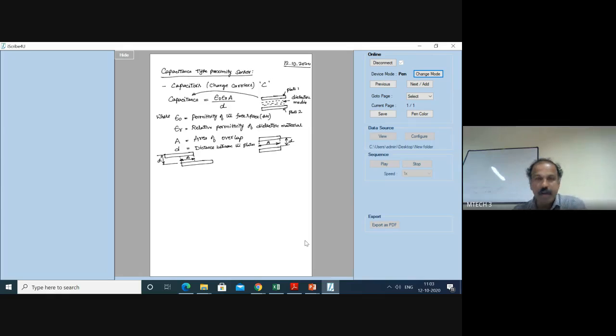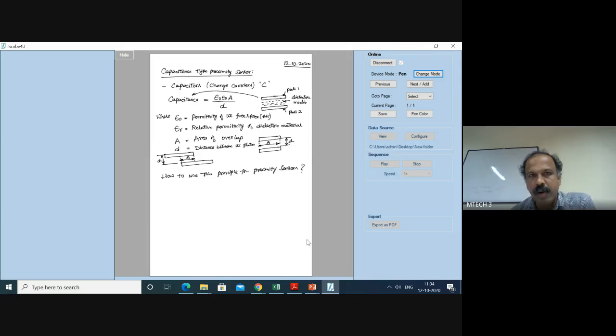Now, this is the basic principle of the capacitance that you are going to get. How to use this principle for a proximity sensor is the question.